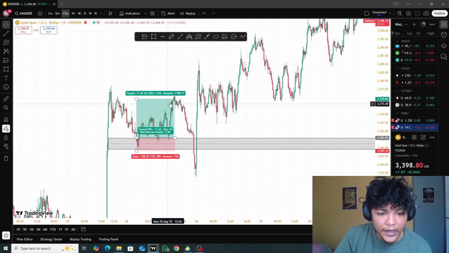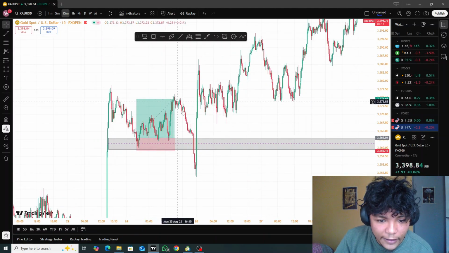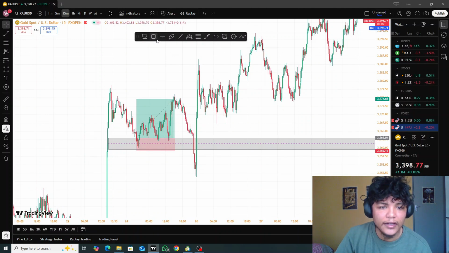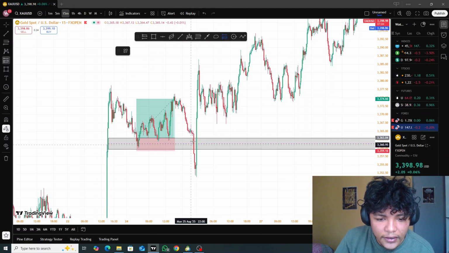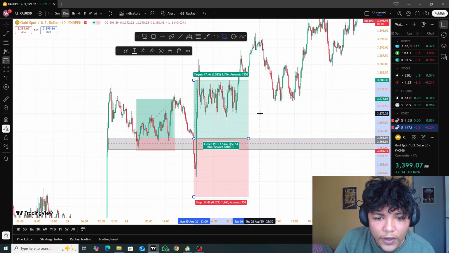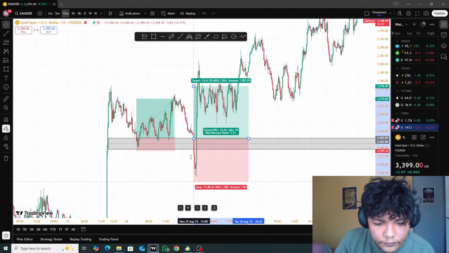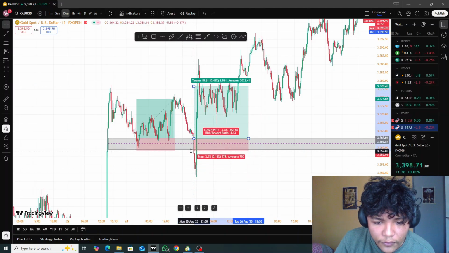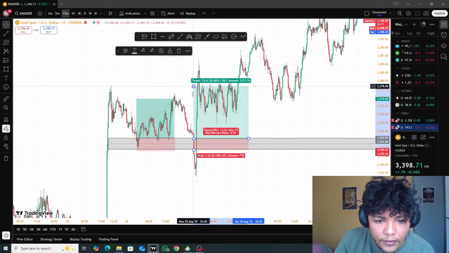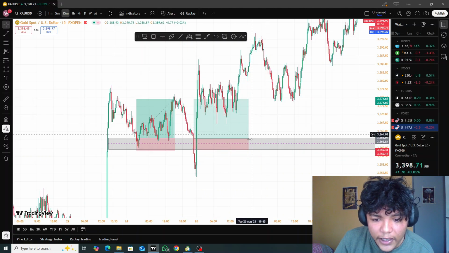The market went up, now it came down again. Now you take a trade. You're taking a trade again. You're targeting a 1 to 3 risk reward as well. Put your stop loss right there. Target. And what happened?